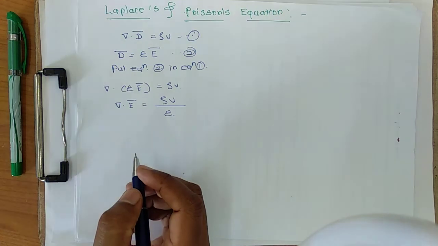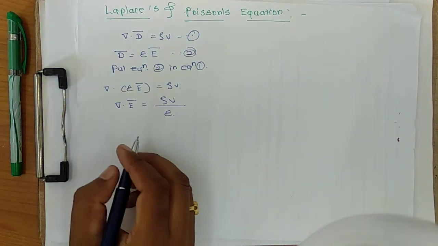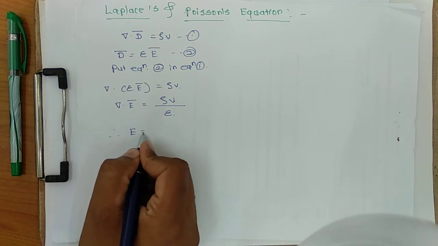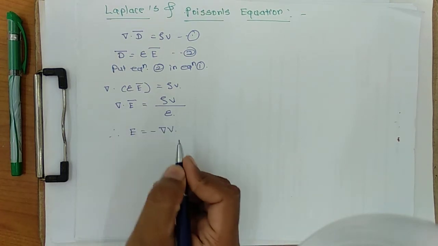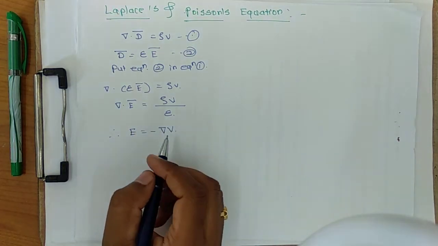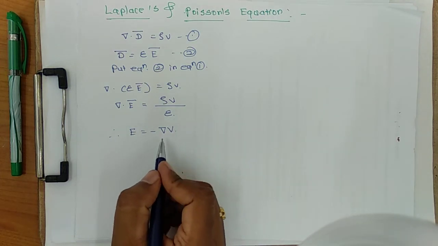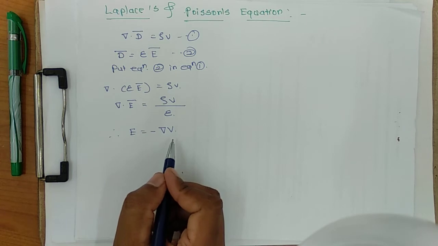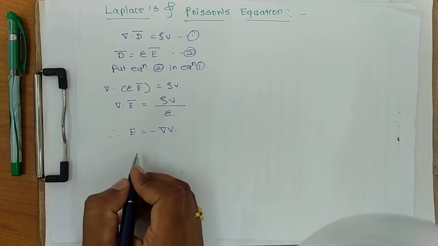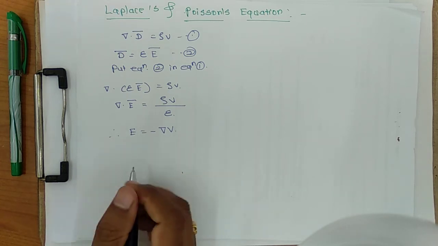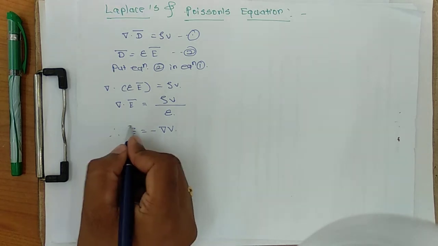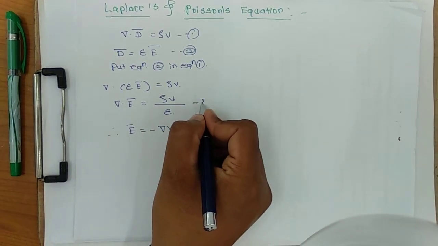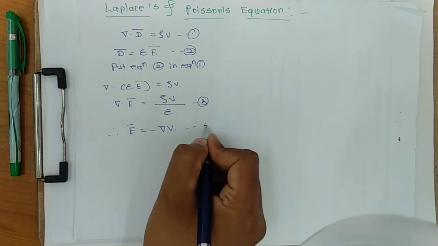In the last lecture we derived one equation: E bar is equal to minus del v, the gradient of the potential v. So instead of E bar, I will put minus del v. This is equation number 3 and this is equation number 4.